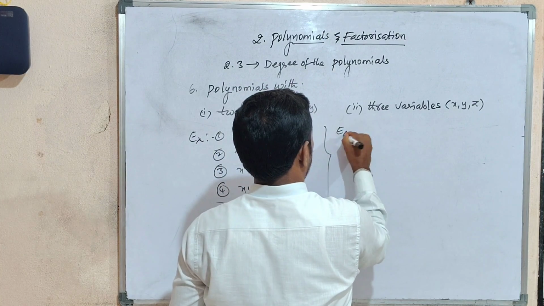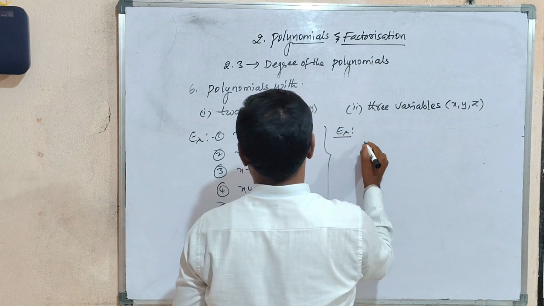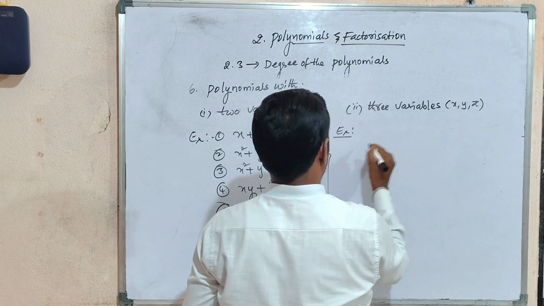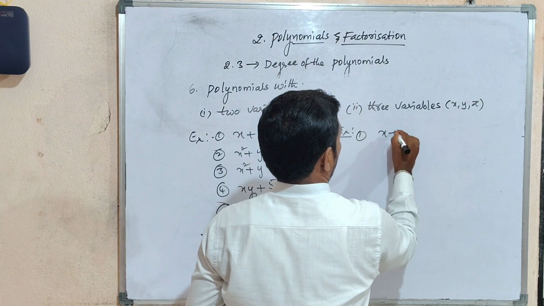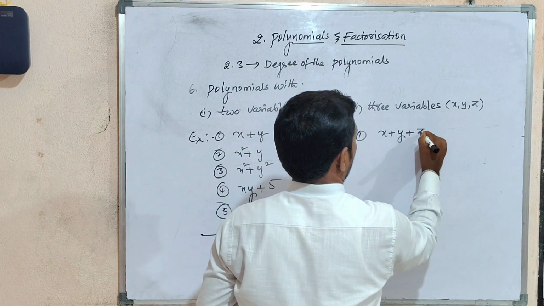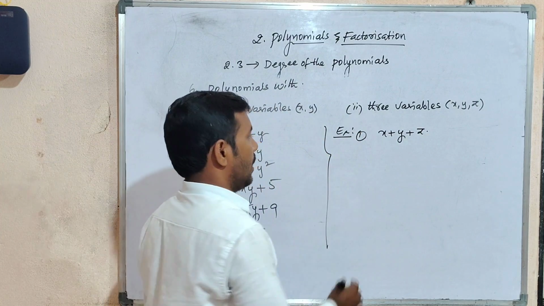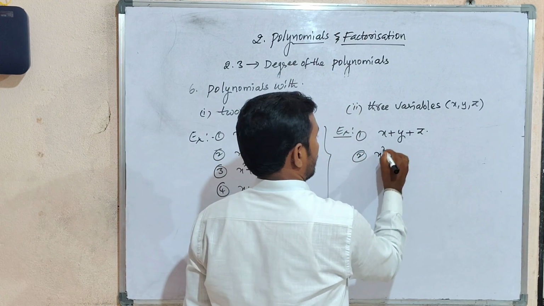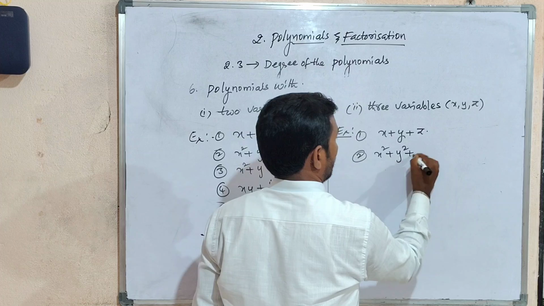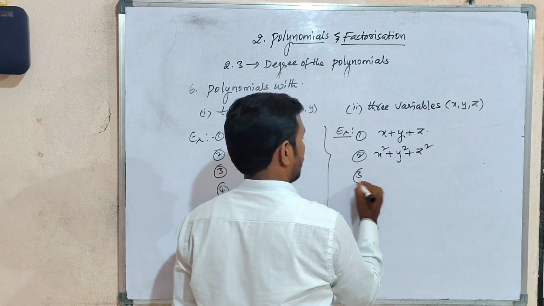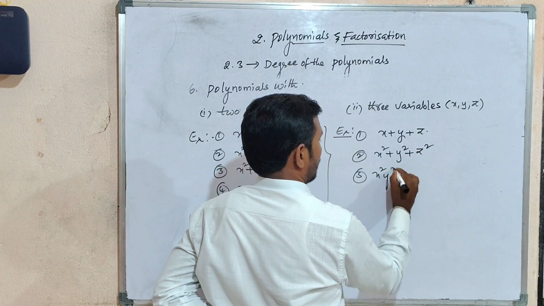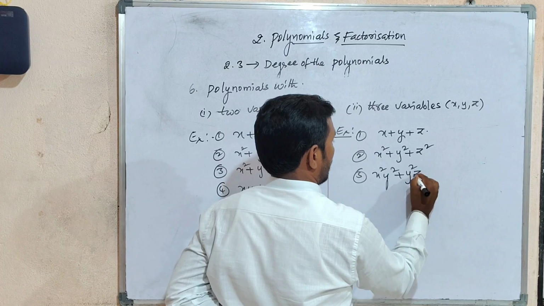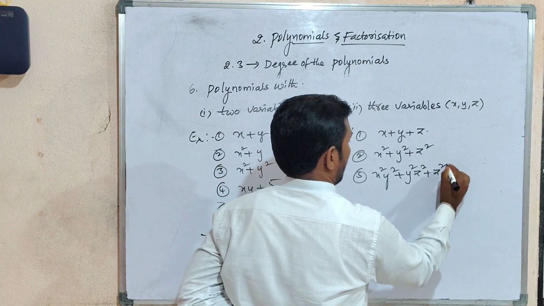Let us see this side. Example 6. Three variables are involved now, mainly x, y, z. Number 1, x plus y plus z. It is also a polynomial only. Second, x square plus y square plus z square. Third example, x square y square z square.